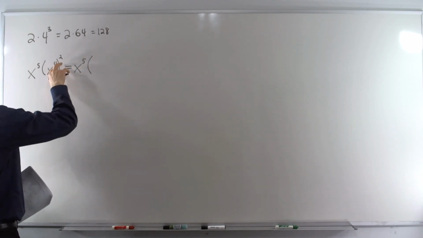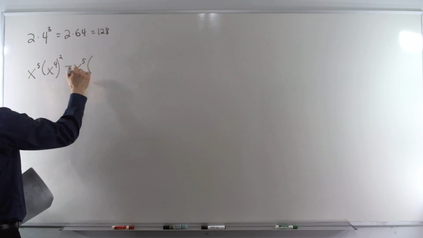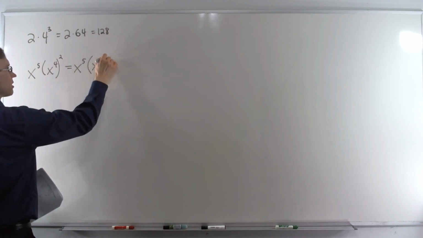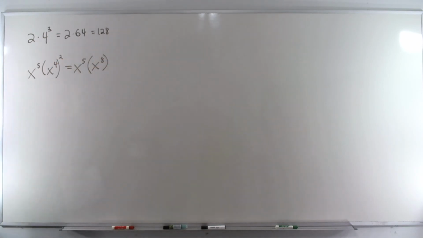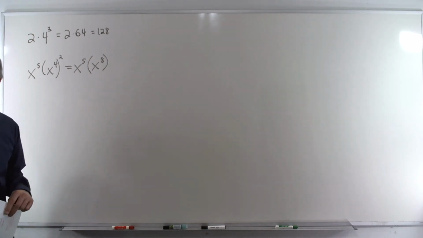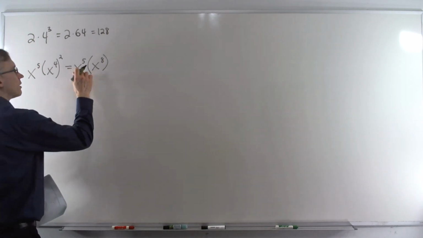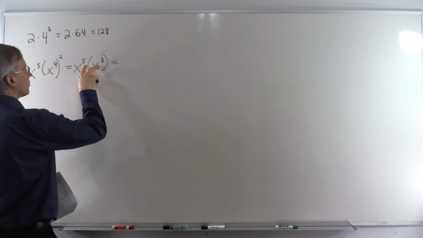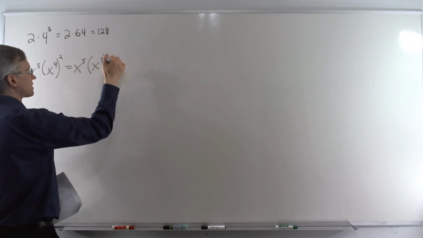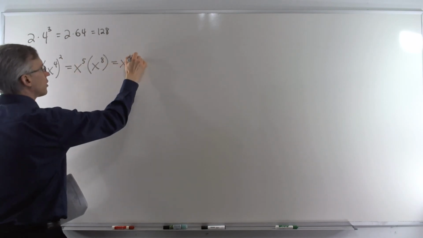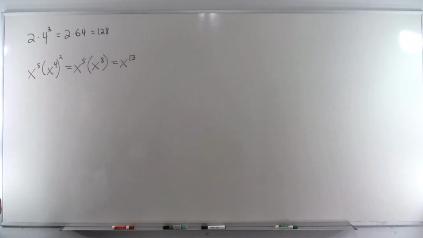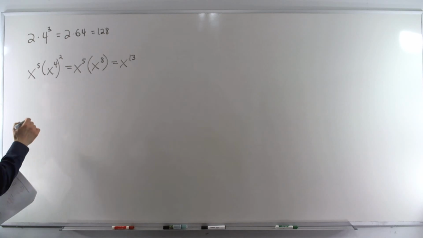And when we simplify this, we're going to multiply the exponents. 4 times 2 is 8, so we get x to the 8th power. Now that we've simplified the exponent, now we can multiply. Now multiplying these, when we multiply, we add the exponents, so 5 plus 8 is 13, we get x to the 13th power. And that brings us to your turn, number 12.